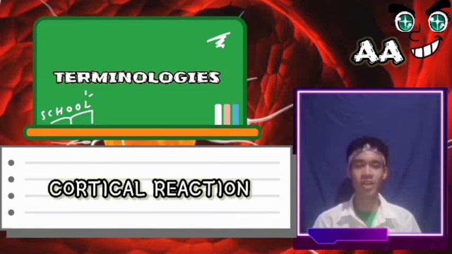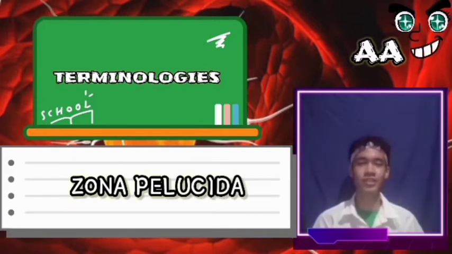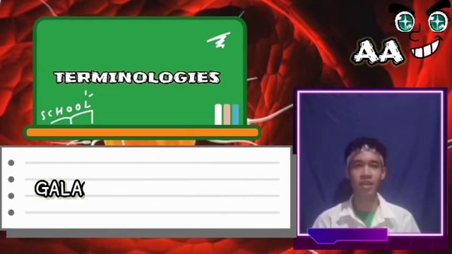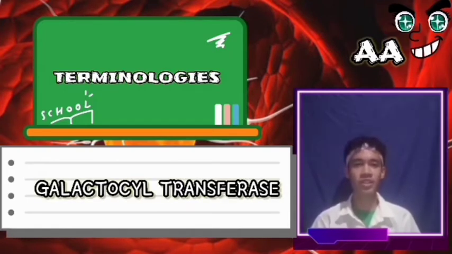We have the cortical reaction, a regulated exocytosis in which apically localized vesicles, or the cortical granules, in the egg fuse with the plasma membrane after fertilization. Next term is the zona pellucida, a coat surrounding the egg that contains three glycoproteins. Next is galactosyl transferase, an oligosaccharide-modifying enzyme that is usually found in the Golgi, but in sperm is on the cell surface.